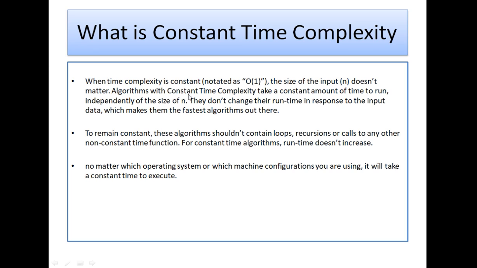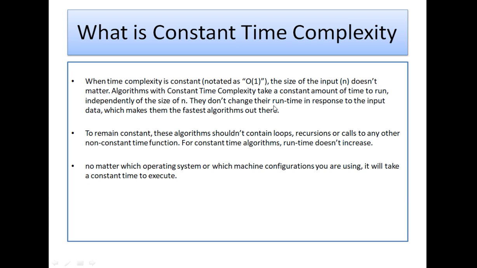Algorithms with constant time complexity take a constant amount of time to run independently of the size of n. They don't change their runtime in response to the input data, which makes them the fastest algorithms out there.